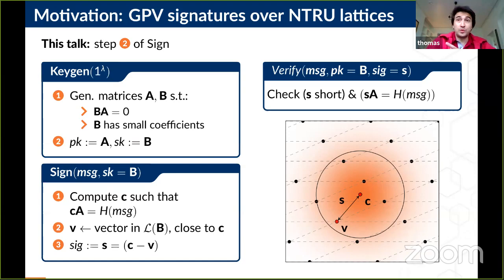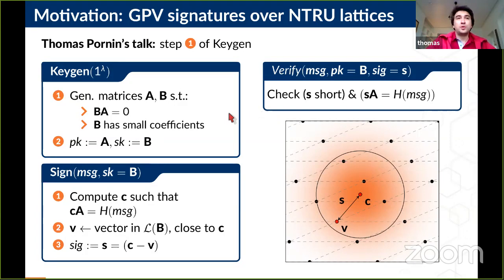First, S should be short, and second, we should have S times A equal to the hash of the message. In my talk, I'm going to focus on step 2 of the signing procedure, and on how to do this step as efficiently as possible and also in a secure manner.